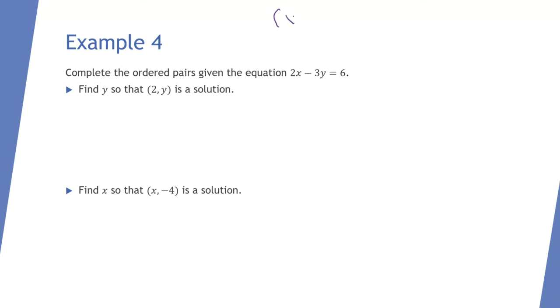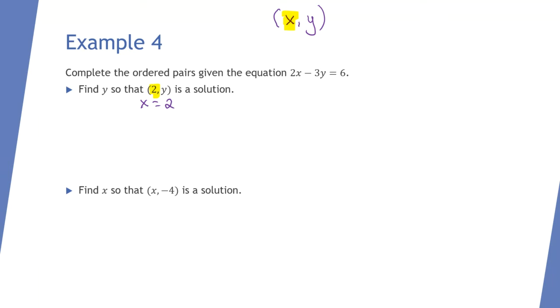So every ordered pair is x comma y. So when they give us 2 comma y, they're telling us x is equal to 2 because 2 is in the spot for x. So x is equal to 2, and it says find y. So I need to find the missing value there.